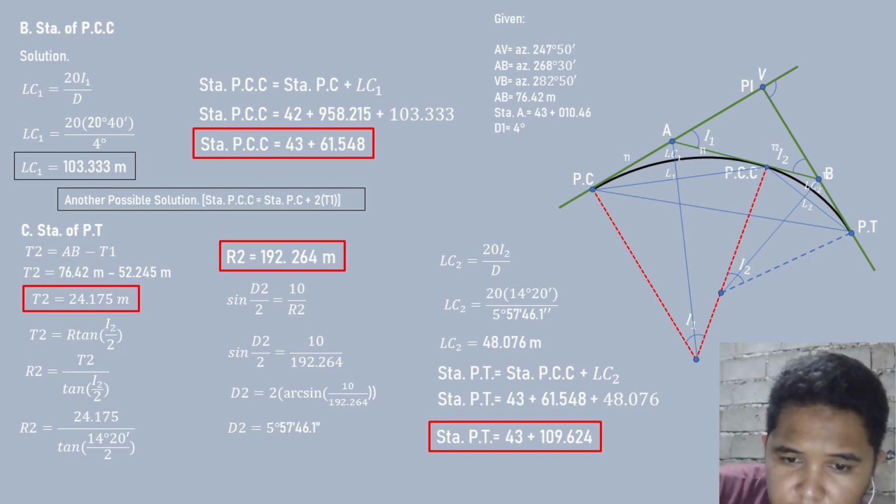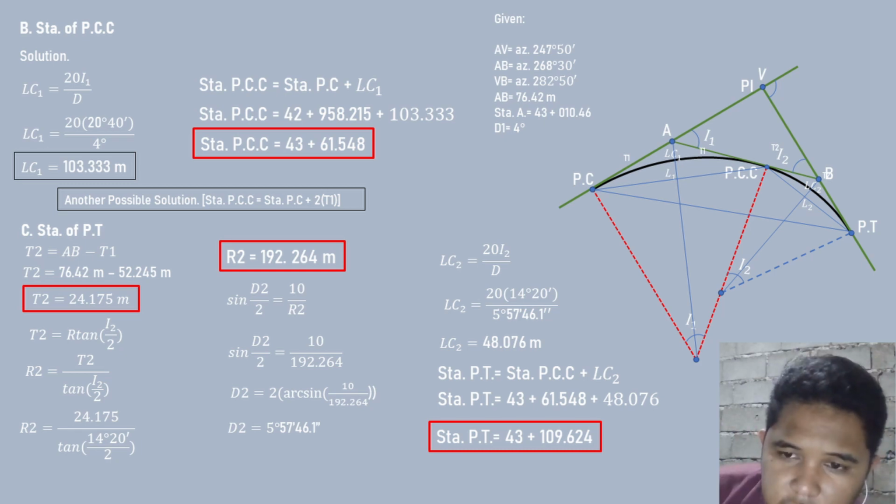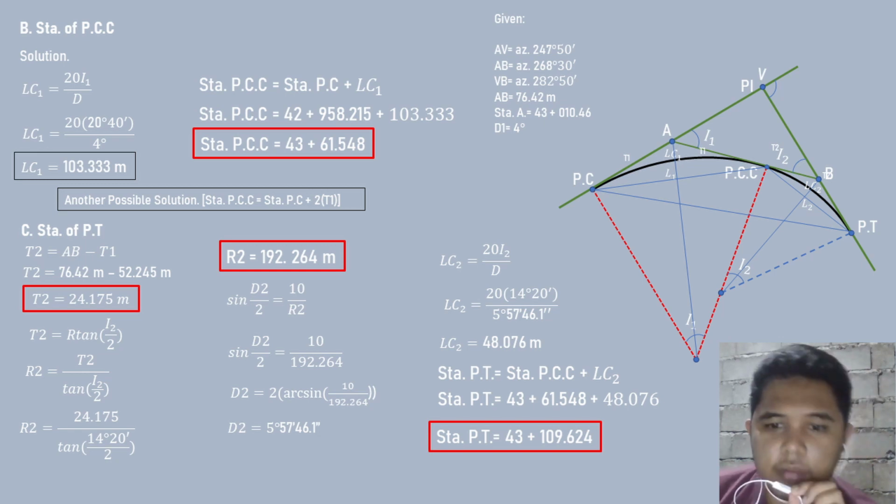But we can also get stationing PT by adding stationing PCC plus the length of curve 2. So, that is what we will do. Therefore, the stationing of PT is equal to 43 plus 61.548 plus 48.076. Therefore, our stationing PT is equal to 43 plus 109.624.